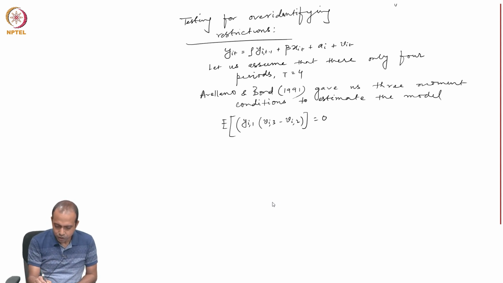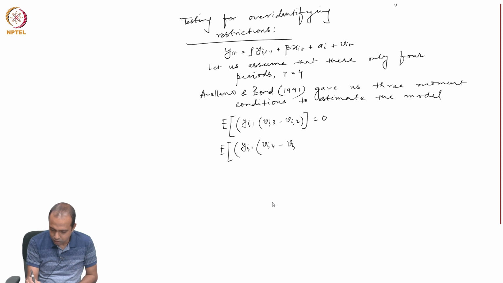So, accordingly, the second moment condition would be again y_i1 times (v_i4 minus v_i3), that is also equal to 0, and the third moment condition is y_i2 times (v_i4 minus v_i3), that is also 0.